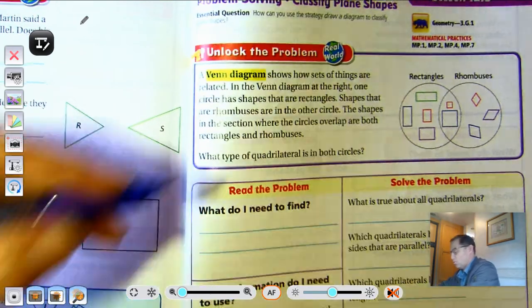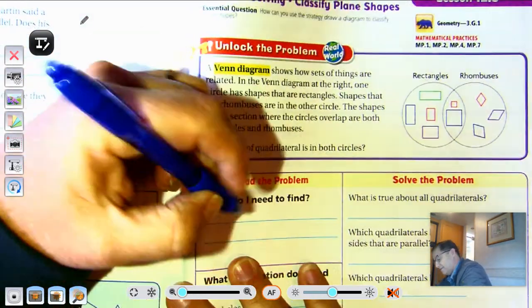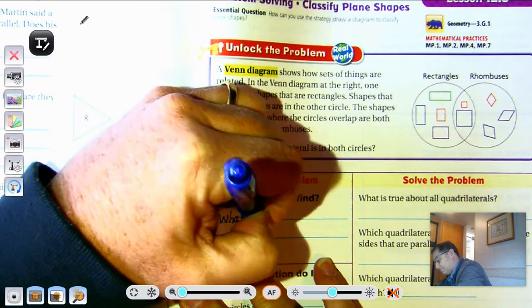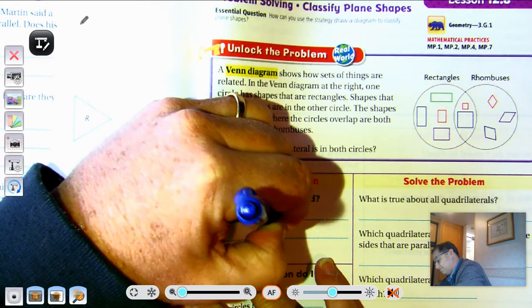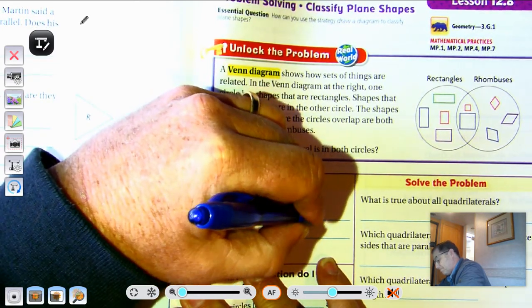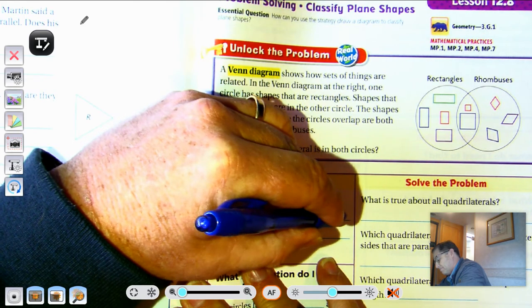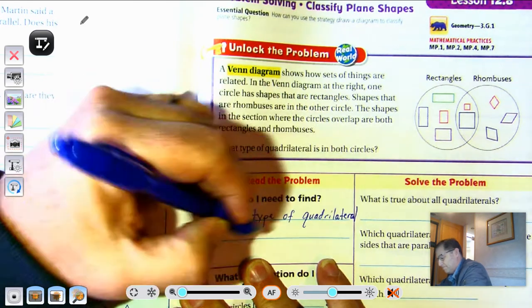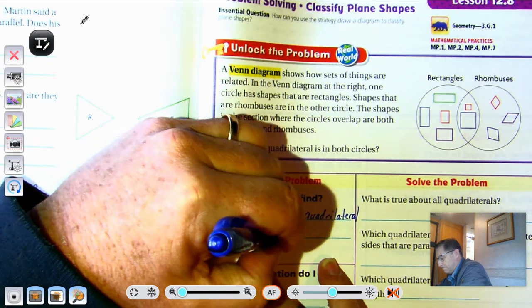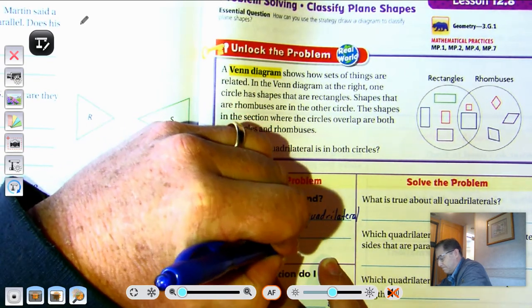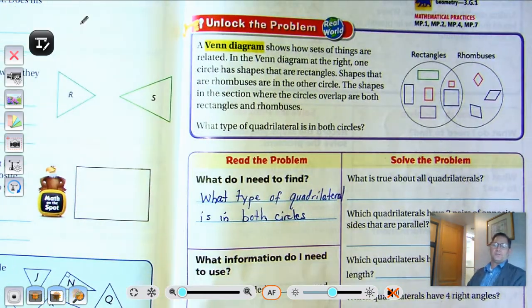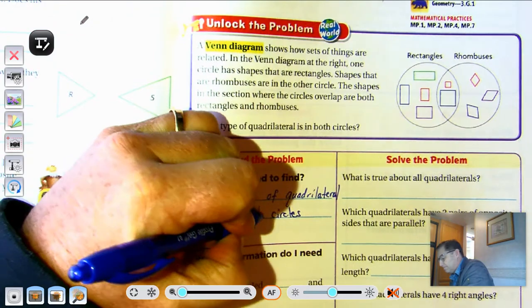Okay, so what do I need to find? I need to find what type of quadrilateral is in both circles.